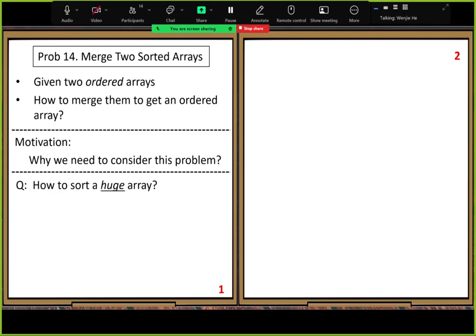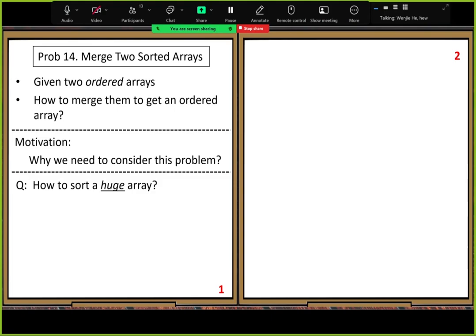Even so, there is a possibility the data is too big, so you cannot load all your data into your main memory, that RAM. In that situation, the question: can you find a way to sort that huge array?